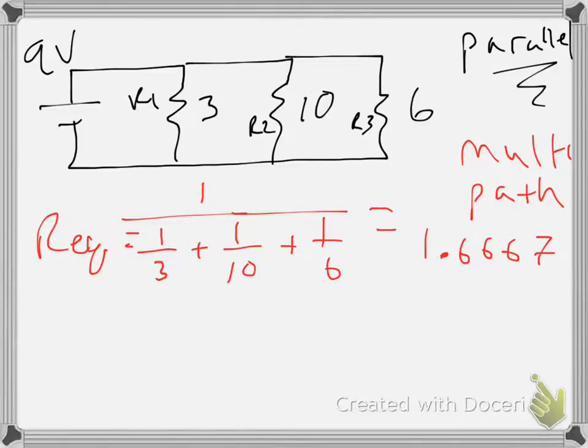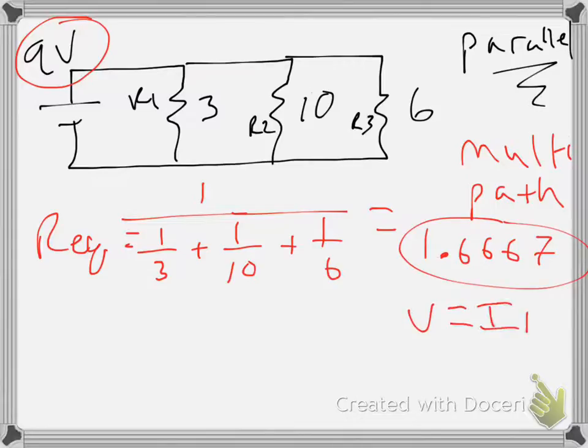So now, if I know my applied voltage is 9, and I know my equivalent resistance is 1.6667, I can use Ohm's law, V equals IR, and I can solve for current. So 9 divided by 1.6667 gives me 5.3999.